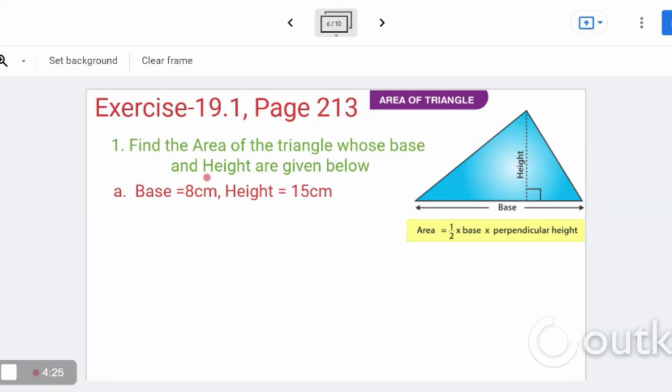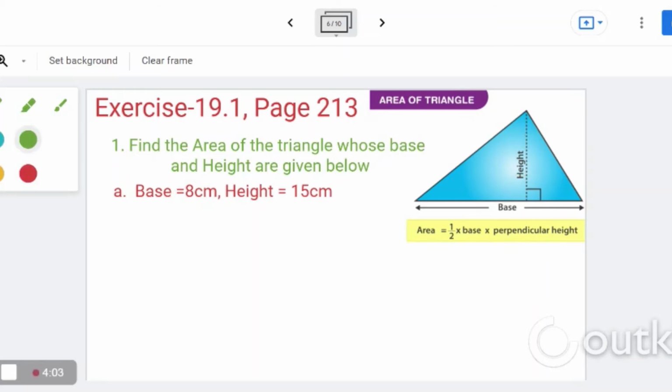What is the base? 8 centimeter. That means this down side is 8 centimeter and this height is 15 centimeter. Now you have to find out the area of this particular triangle whose base is 8 centimeter and height is 15 centimeter.